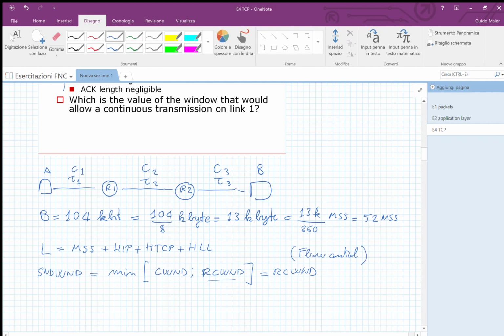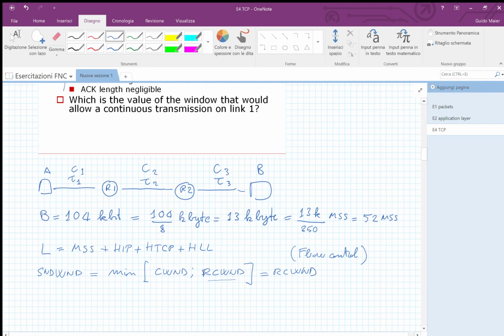So the TCP connection in this particular case is controlled according to the flow control. So now we have to answer the numeric question, which is what is the time that it will take to transmit this file of size B.